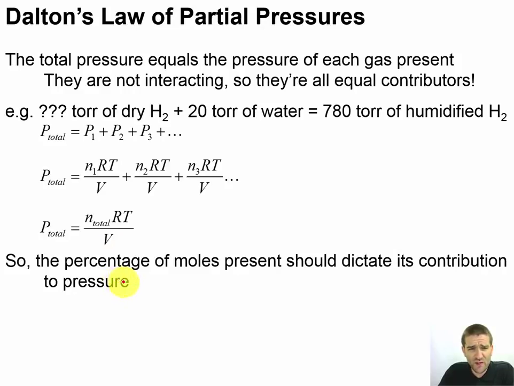Now the other thing we can do here is we can take the percentage of moles that are present, and that'll dictate its contribution to the pressure. So if you know the mole fraction, that's the term for that, then you'll know the partial pressure of that gas.